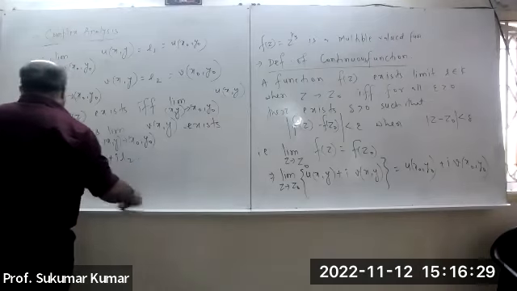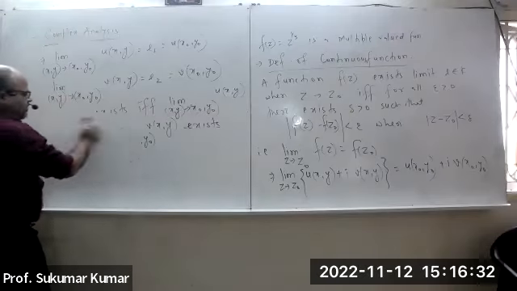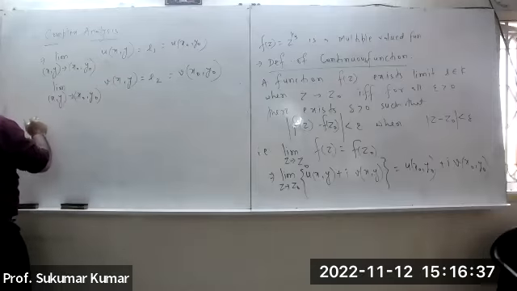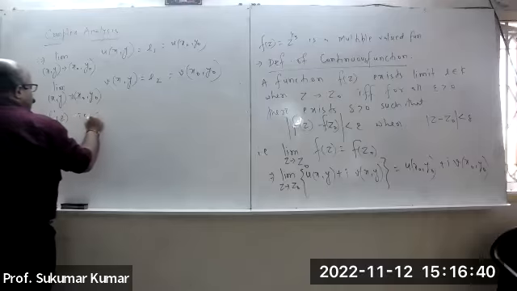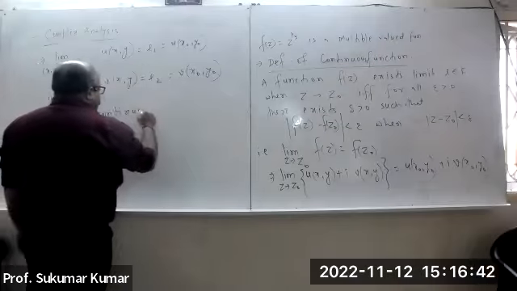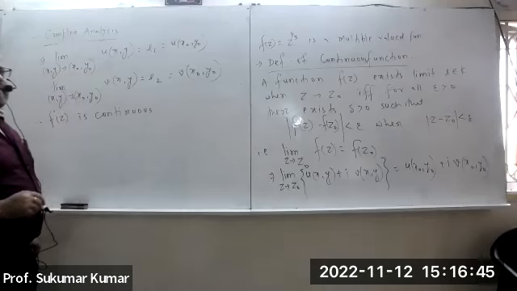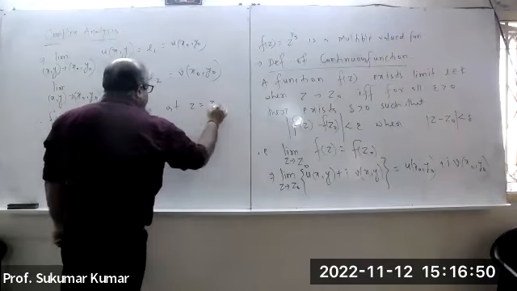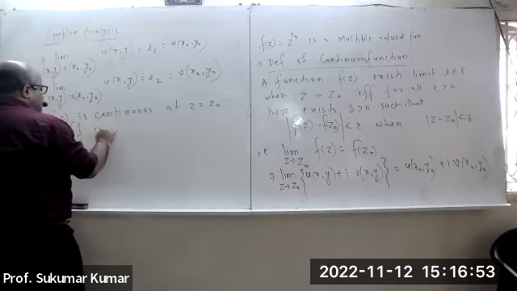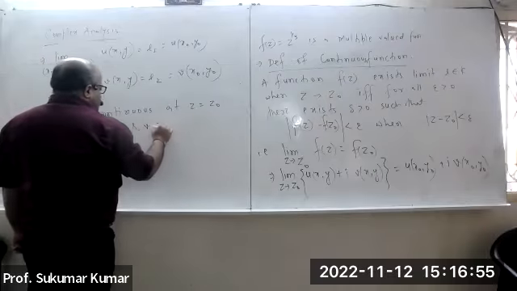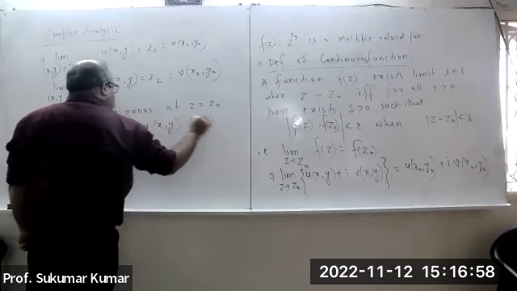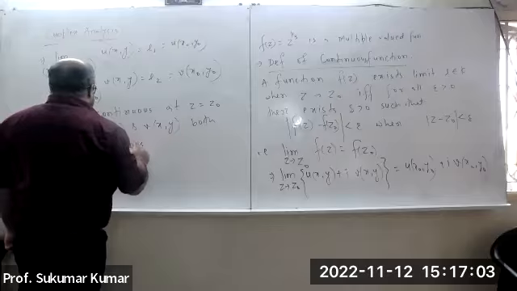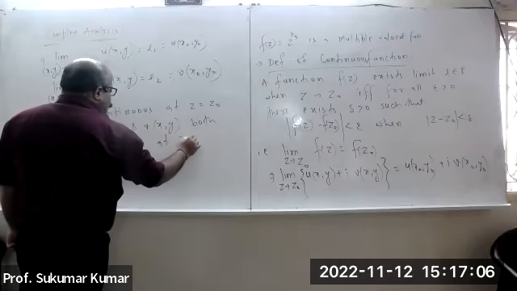So you can write that when the real part and imaginary part are both continuous, the given function is continuous. f of z is continuous at z equal to z naught if and only if u of xy and v of xy are both continuous at x naught y naught.